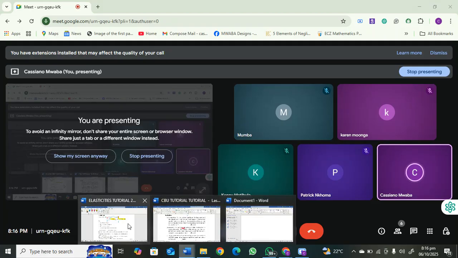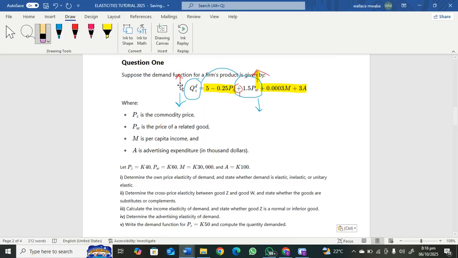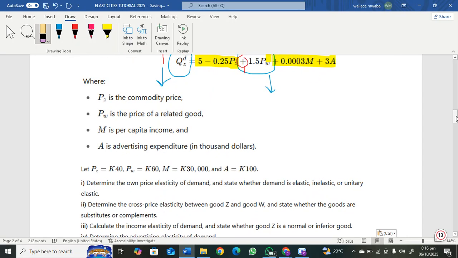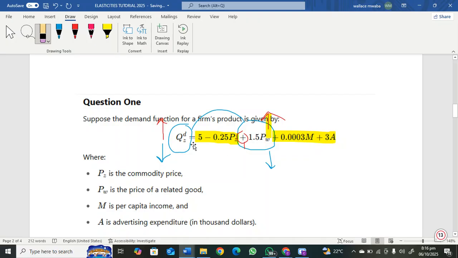All right. So here you have a demand function. It reads QDZ equals 5 minus 0.25 PZ plus 1.5 PW plus 0.003 M plus 3A. Now, these letters have a meaning, they represent something.